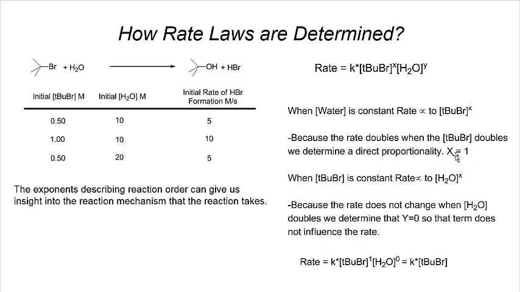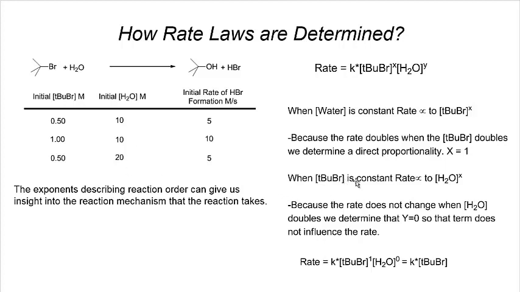We do the same type of analysis then when we hold tert-butyl bromide constant. So for example, this first row and this second row here have the exact same concentration of tert-butyl bromide, half molar concentration. And what we do is we double the concentration of water from 10 molar to 20.